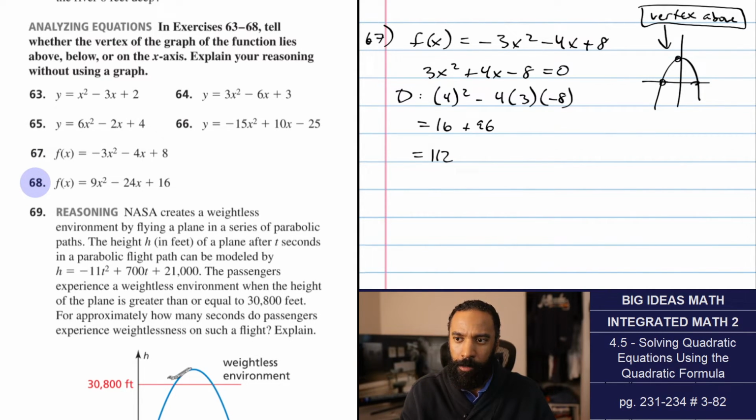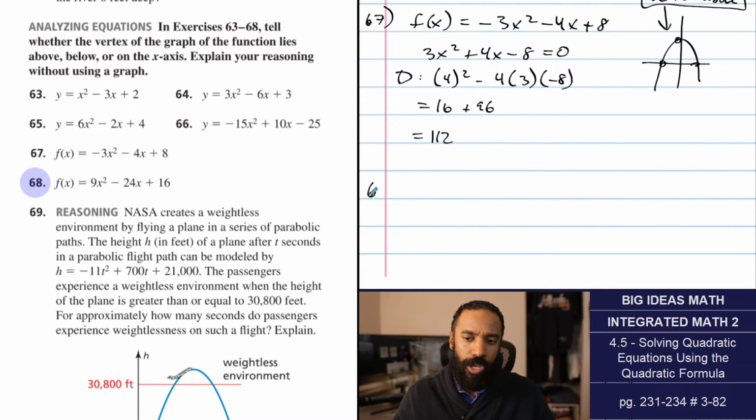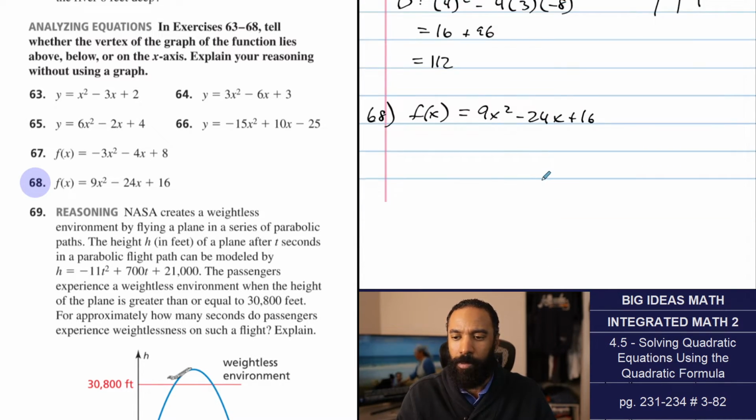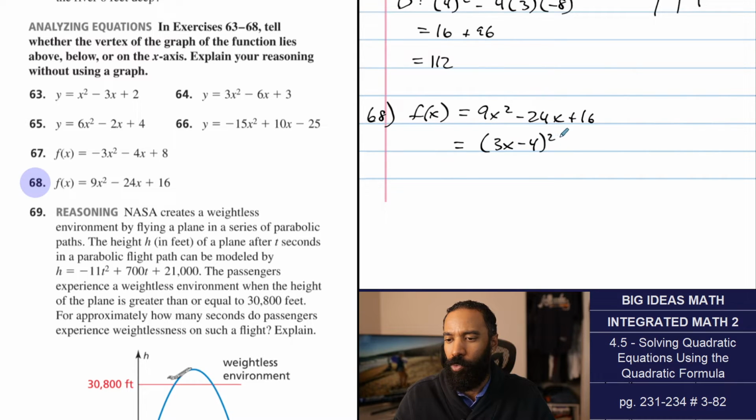That's a perfect square trinomial. I just know what they look like. So this one here is plus. We haven't seen vertex on in a while. 9x squared minus 24x plus 16. This is a perfect square of 3x, a perfect square of 4, and this is double, 3 times 4. So this is 3x minus 4 quantity squared.